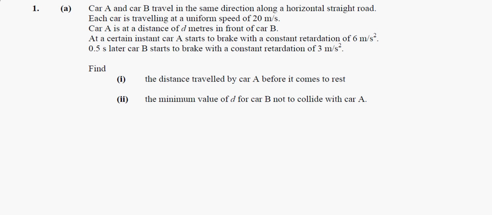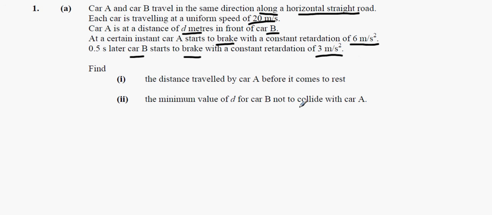Car A and car B travel in the same direction along a horizontal straight road. Each car is traveling at a uniform speed of 20 meters per second. Car A is a distance of d meters in front of car B. At a certain instant, car A starts to brake with a constant retardation of 6 meters per second squared. 0.5 seconds later, car B starts to brake with a constant retardation of 3 meters per second squared.